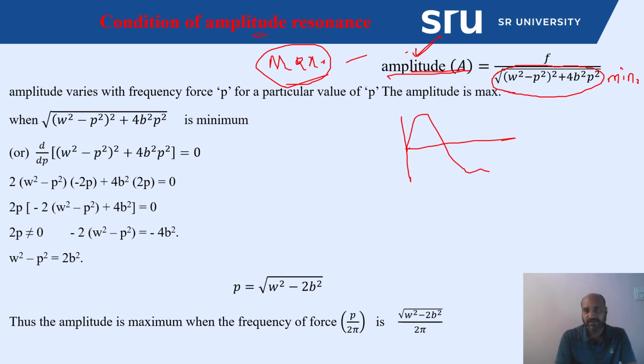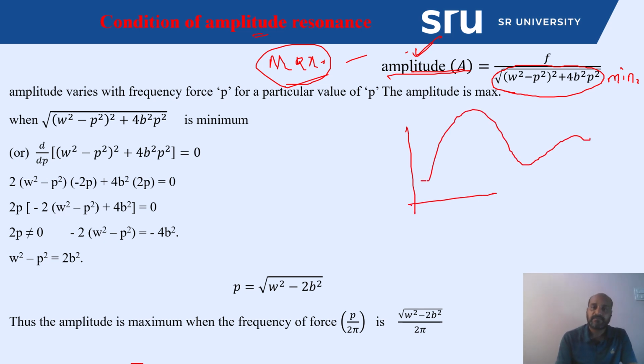Let this be some function, so I'll take some function graphically. Let this be the behavior of the function. The first order derivative at a maximum or minimum is 0.